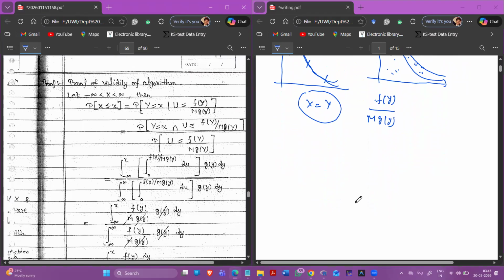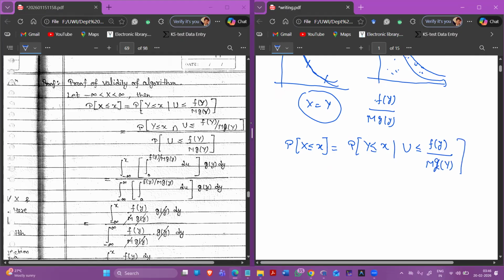In that proof, we need to find the CDF, the probability that X is less than or equal to x. We write it as the probability that Y is less than or equal to x, given that u is less than or equal to f(y) divided by m g(y). Why am I writing this?